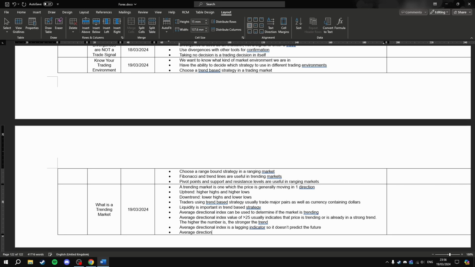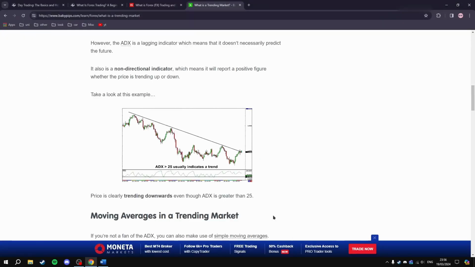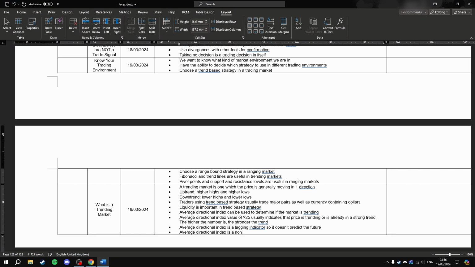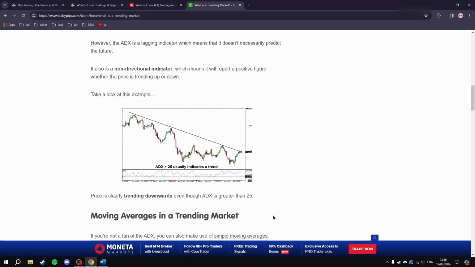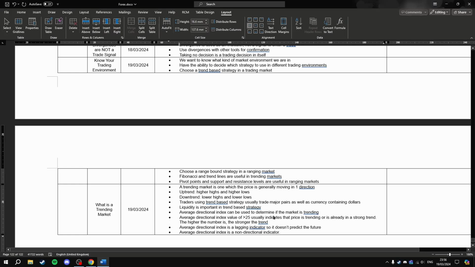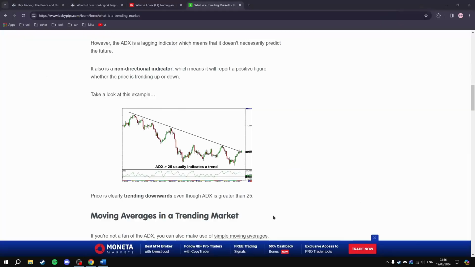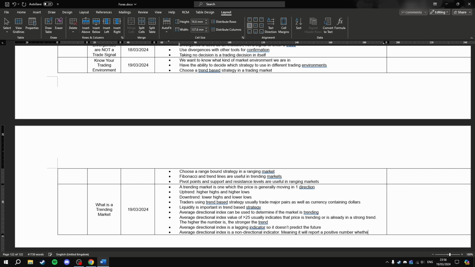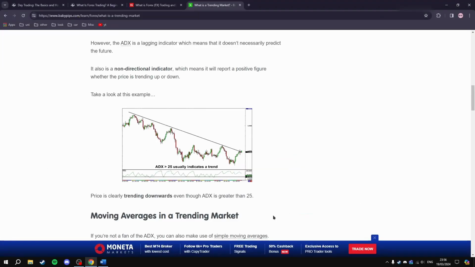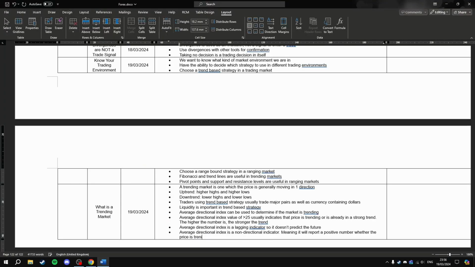It is a non-directional indicator, meaning it will report a positive number whether the price is trending up or down.